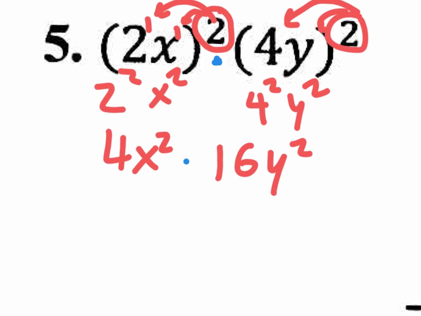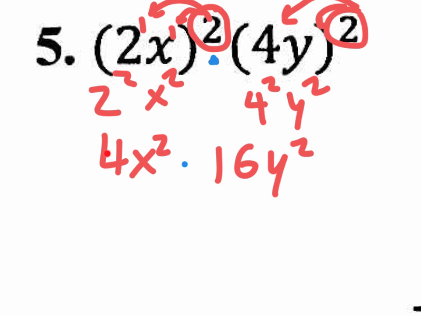And if we zoom in even further, what is really happening between the 4 and the x? What's happening right here? We're also multiplying. And what's happening between the 16 and the y? We're also multiplying. In other words, we have pure multiplication, so we could just multiply the numbers, the 4 times 16, and then put times x squared times y squared.